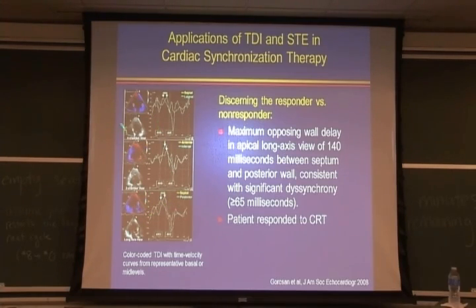And in 3 planes, in both base and apex, you can track down the mechanical dyssynchrony, how late they are really contracting.